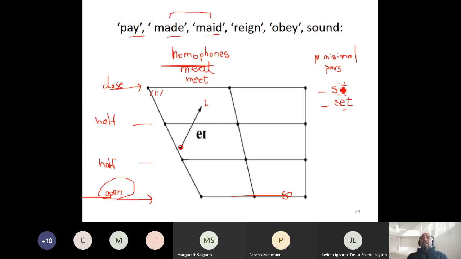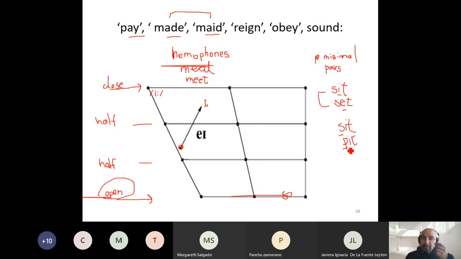We are actually seeing 2 different phonemes, and this is a set of minimal pairs, a group of 2 words which only contain 1 phoneme different. It could be at the beginning or at the end. For example, sit and pit are also minimal pairs, the only different phoneme being the one at the very beginning.